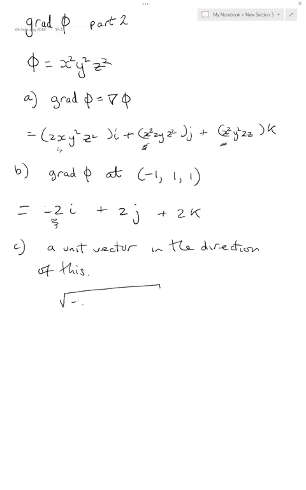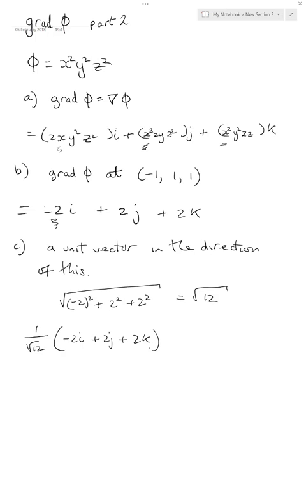So we're going to have minus 2 squared plus 2 squared plus 2 squared, which will give us root 12. So our solution, a unit vector in the direction of the answer to part B, would be 1 over root 12 times minus 2i plus 2j plus 2k, and that would be our solution.